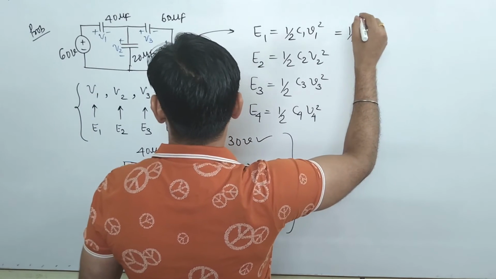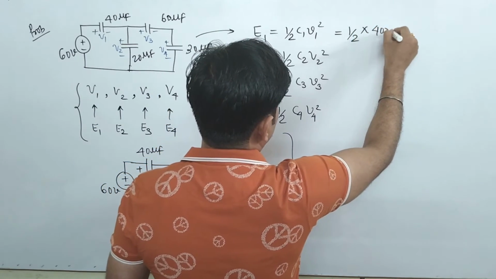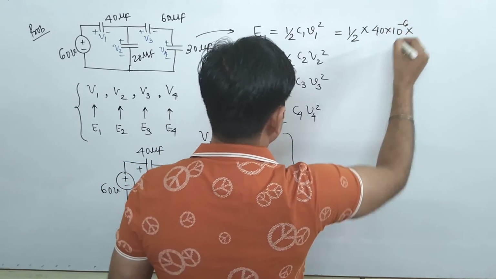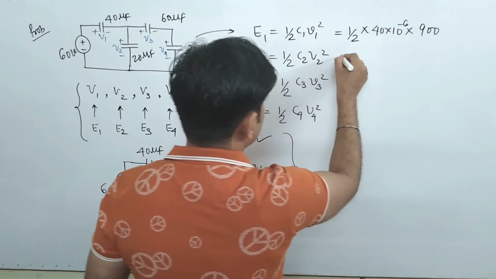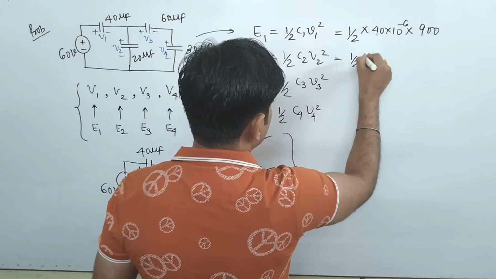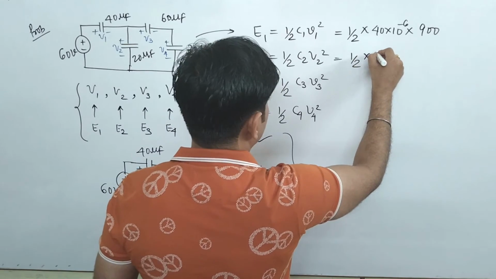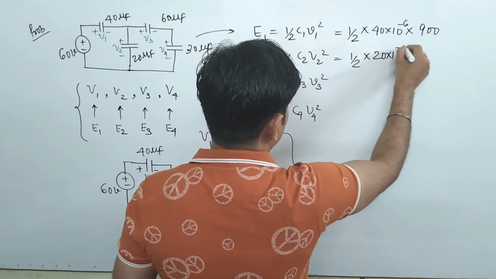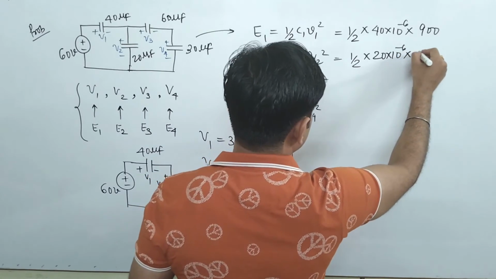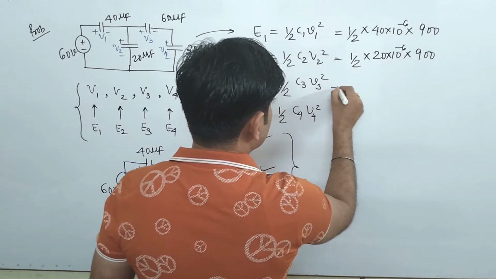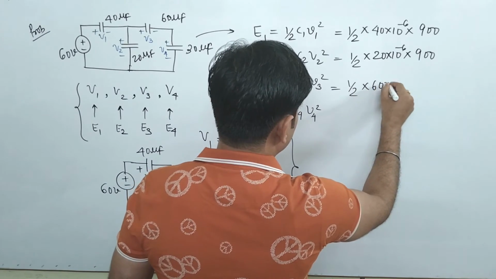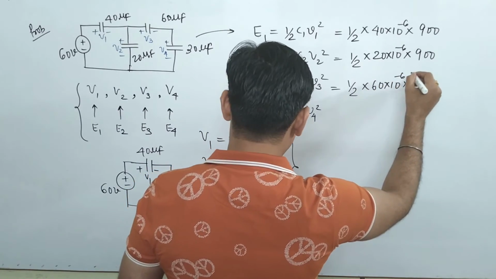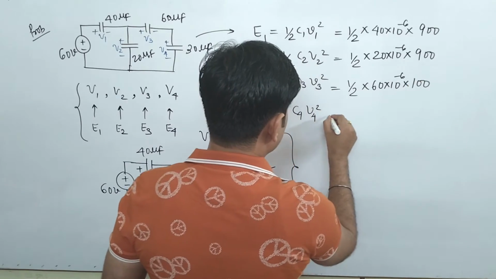1 upon 2 C1 is 40 into 10 to power minus 6 into V1 square, V1 is 30, that comes to be 900. Similarly, it is 1 upon 2 into C2, that is 20, into V2 square, again it is 900. Similarly, 1 upon 2 into C3, that is 60 microfarad, and the voltage is 10, so that comes to be 100.